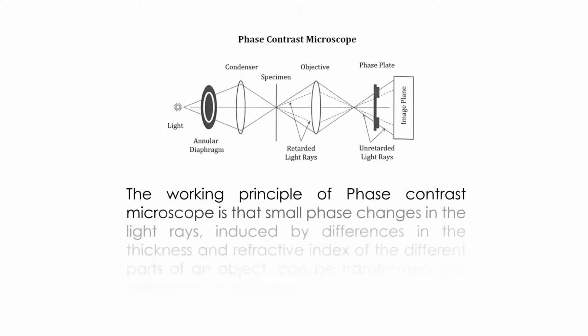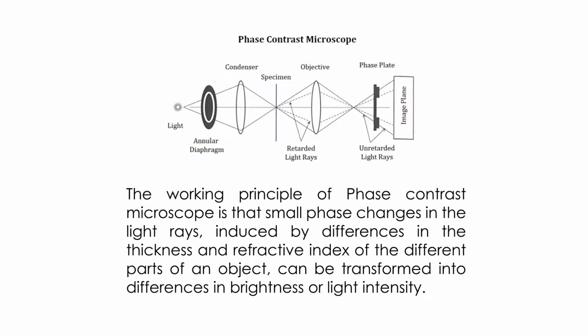Phase contrast microscopy exploits differences in refractive index between the cytoplasm and the surrounding medium, or between different organelles. The working principle of this microscope is that small phase changes in the light rays, induced by differences in thickness and refractive index of the different parts of an object, can be transformed into differences in brightness or light intensity.